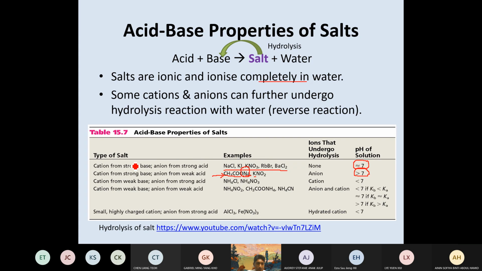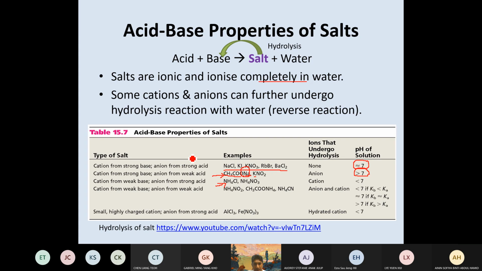And the opposite is true for acidic, right? For the acidic solution, for salt that is coming from strong acid, like ammonium chloride, ammonium nitrate, this is coming from ammonium hydroxide and HCl.